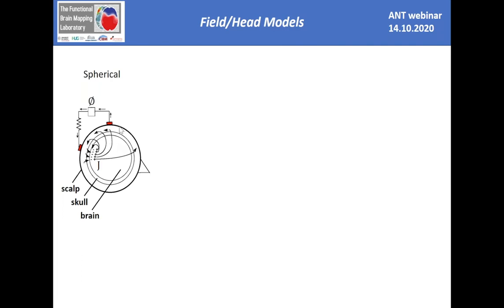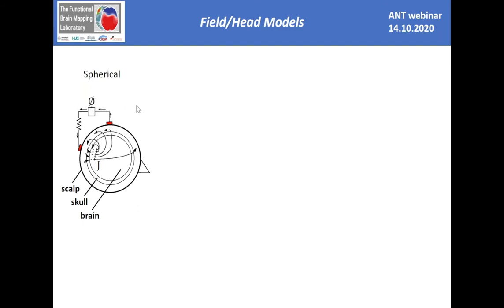And the most classic approach to do this is using spherical models. So you assume that the head is a sphere or made out of separate spheres with different conductivity values, right? Because it's all spherical, you can then compute how these sources would spread to the scalp. On the scalp, you can measure a specific voltage, right?